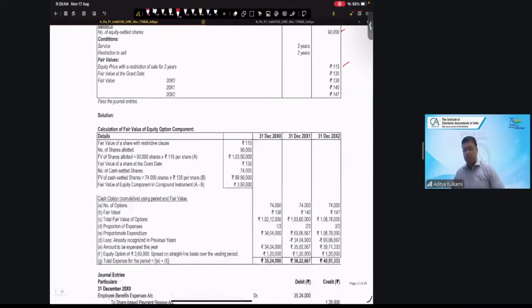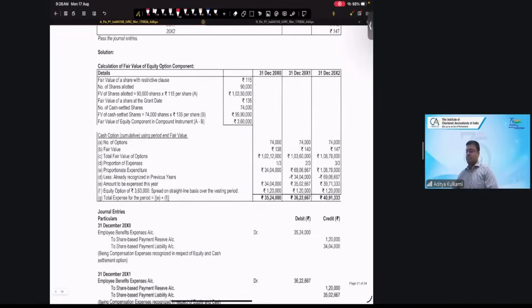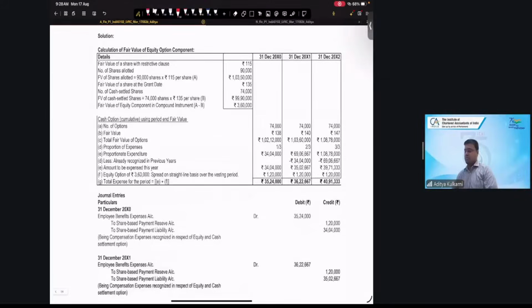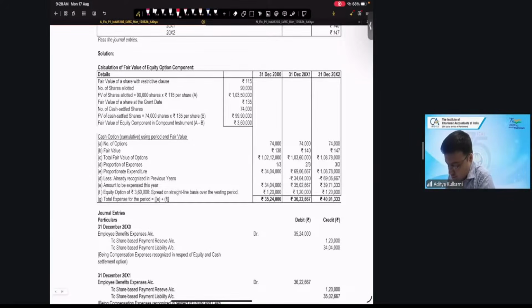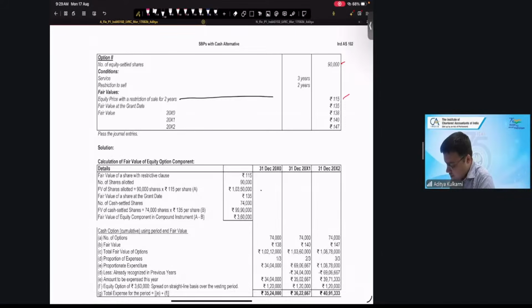So now how do we calculate? Fair value of a share with restrictive clause 150.